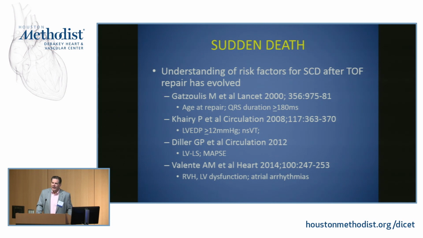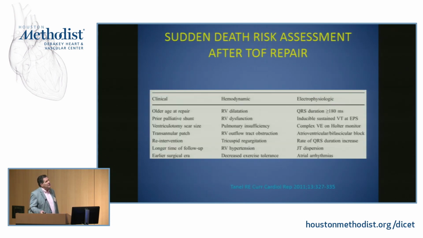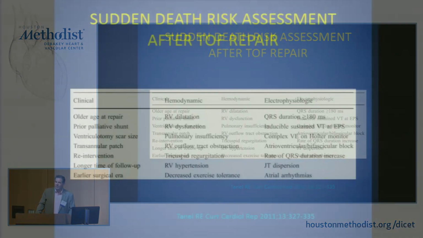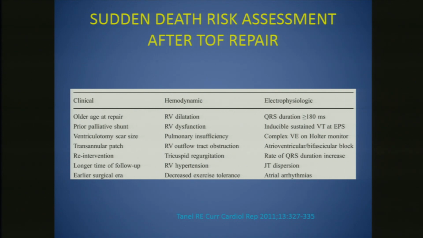A primarily echo-based study looked at longitudinal strain and mitral annular excursion as contributing factors to the risk of sudden death. And then more recently, RVH, left ventricular dysfunction, and atrial arrhythmias were thought to be a consideration. This was a list published in 2011 of all the potential contributing factors to risk of sudden death in patients with tetralogy.